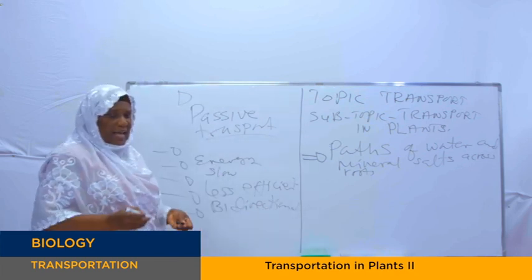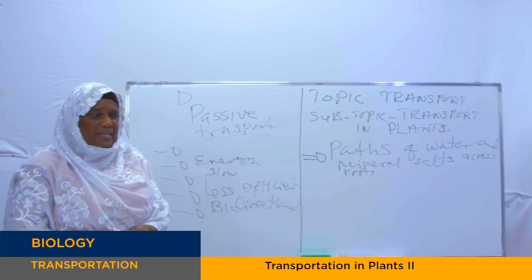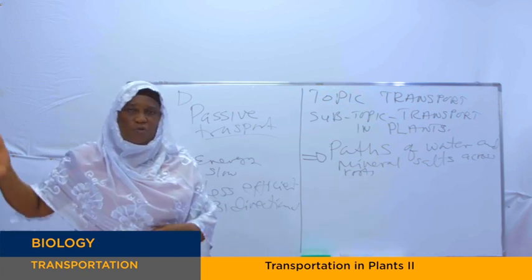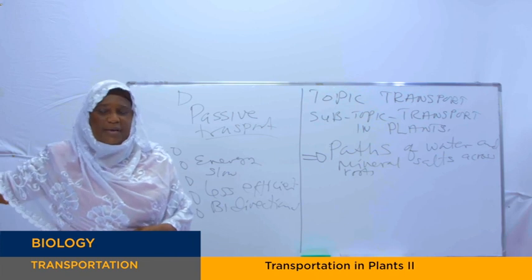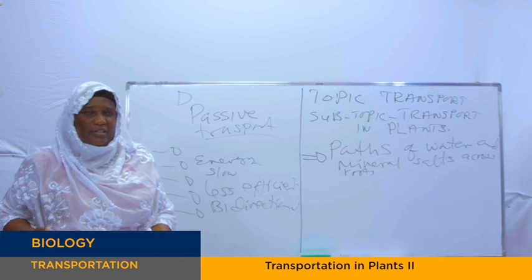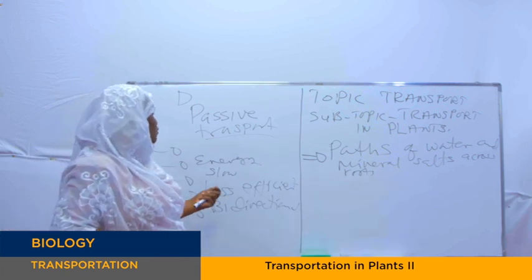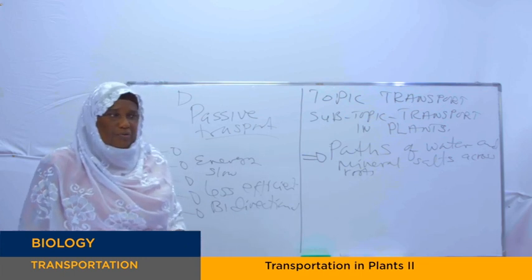I think you understand when I say movement is by direction. It means it can go to one side, but when the concentration there becomes big, then it can change to the opposite direction. That is why we say that movement of material is by direction.